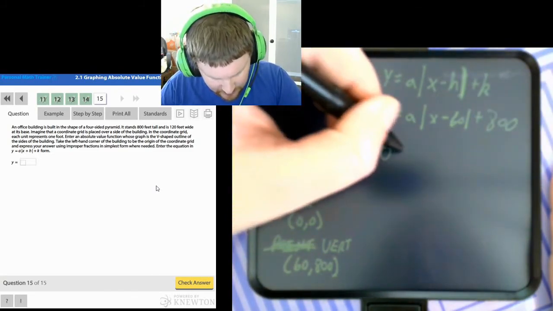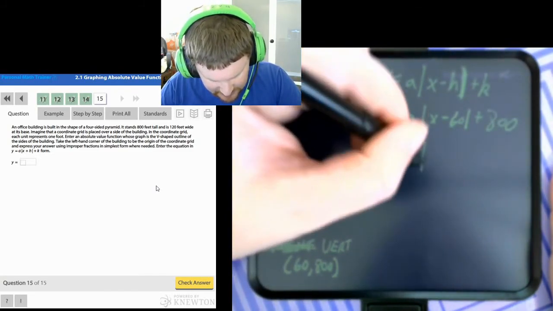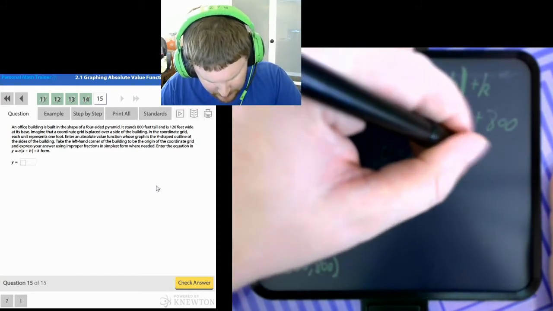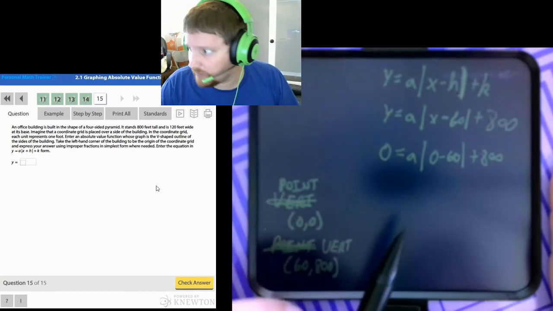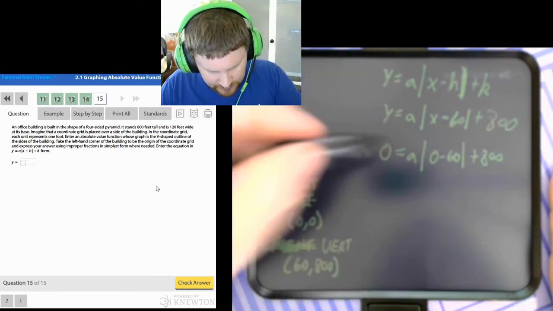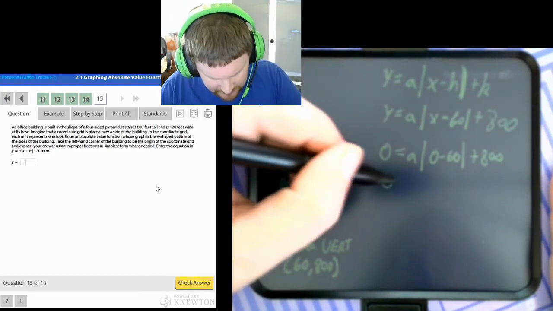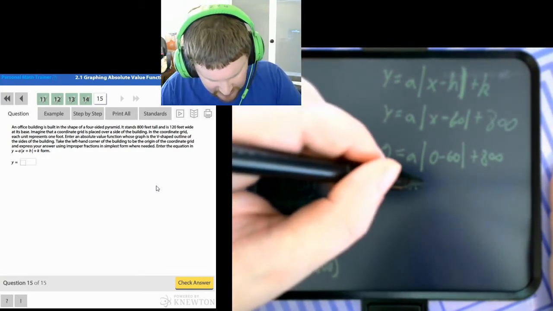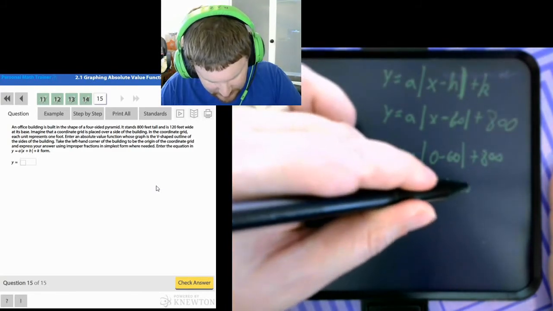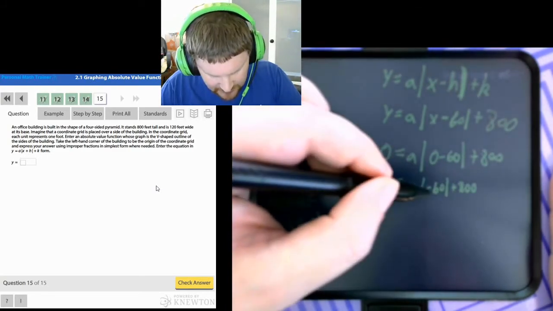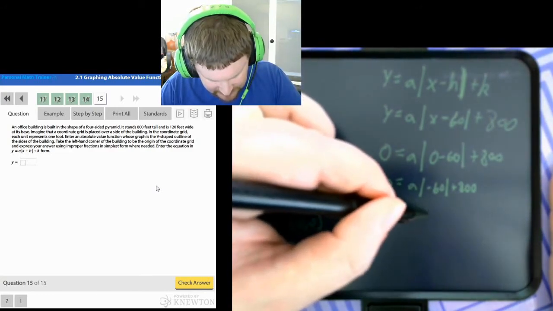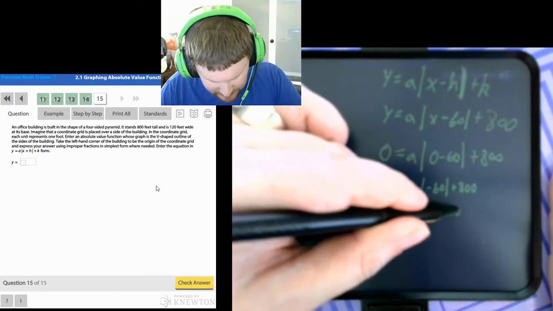So we have 0 equals a times the absolute value of 0 minus 60 plus 800, keeping in mind where our absolute value sign was. So we have 0 equals a times the absolute value of negative 60 plus 800. Absolute value of negative 60 is just 60, so 0 equals 60a plus 800.